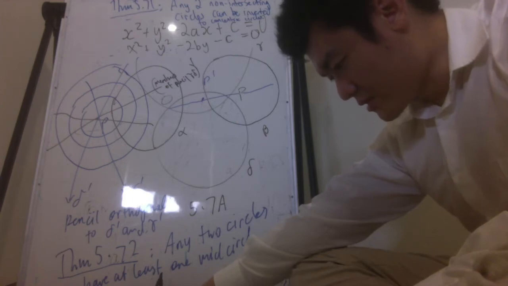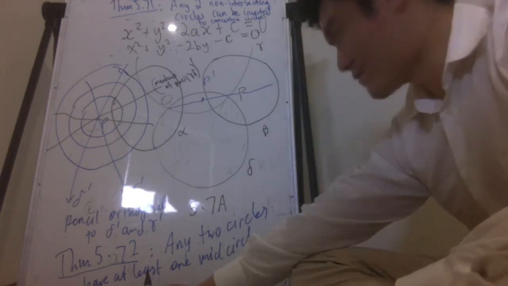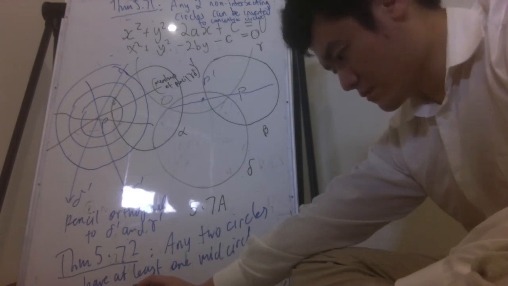Two non-intersecting circles or tangent circles have just one mid-circle. Two intersecting circles have two mid-circles. Remember we were saying they had two mid-circles? That was the thing, the circle of anti-symmetry.